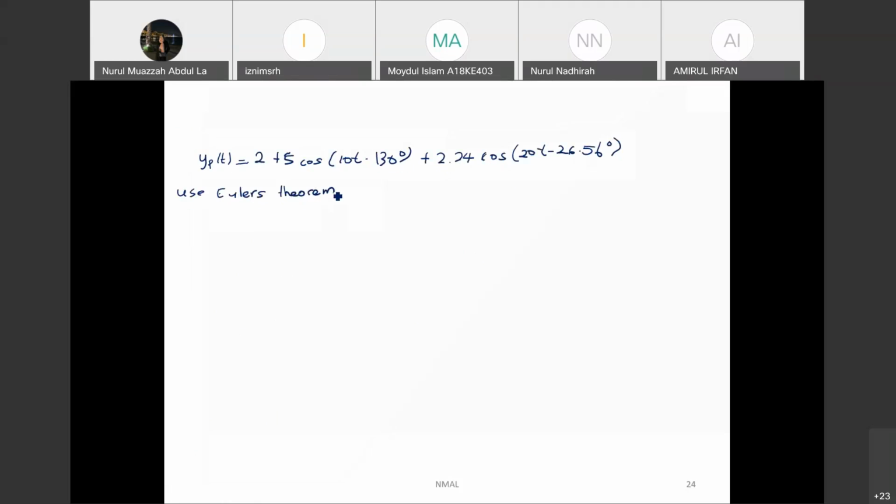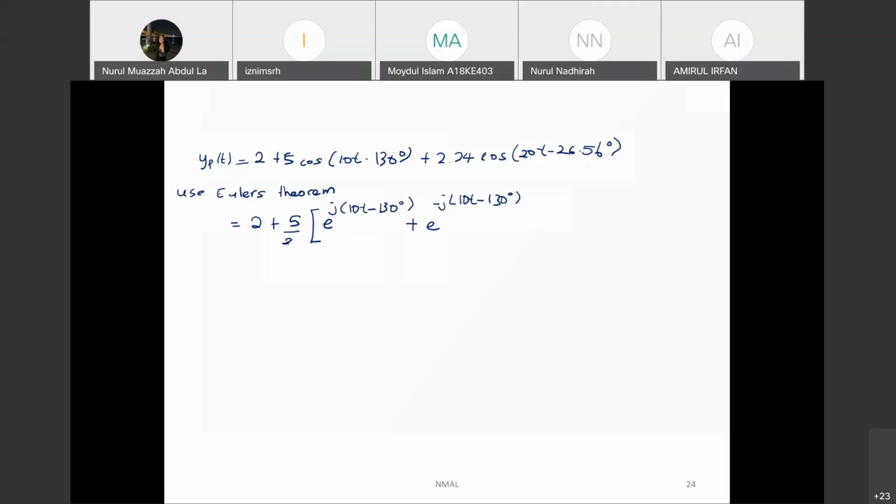Okay, so remember Euler's theorem? Like I said, you need to memorize this, so that it's easier for you to perform all the Fourier series calculation. So here is equal to 2 plus 5 over 2, okay, exponent j(10t minus 130 degrees) plus exponent negative j(10t minus 130 degrees). So that's why I said this is quite long.